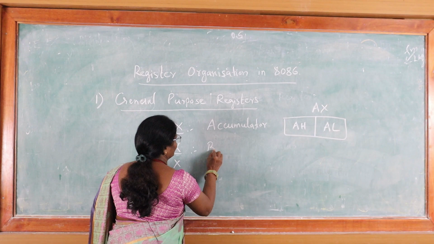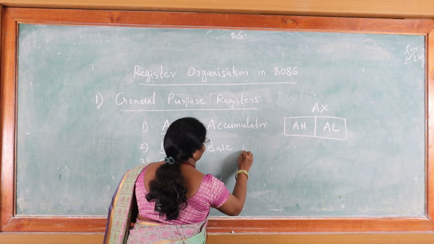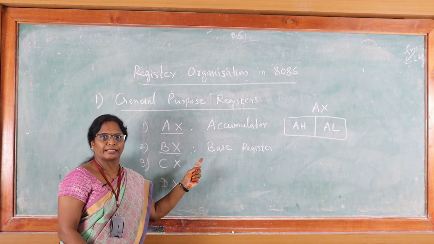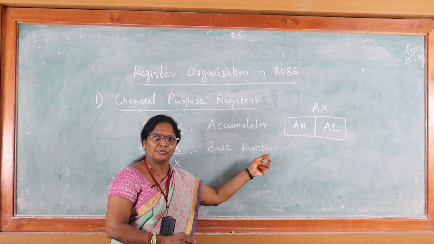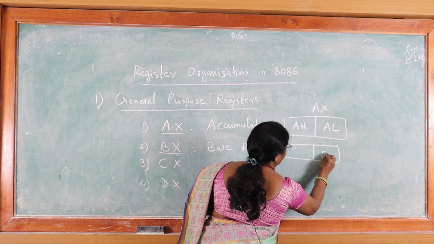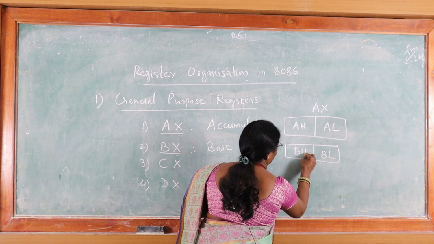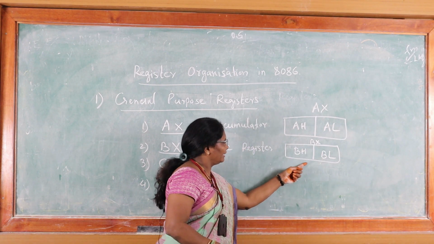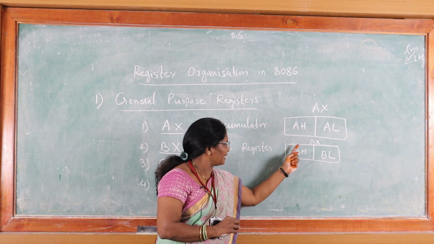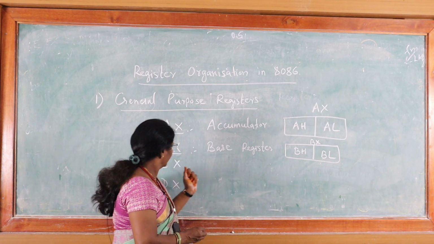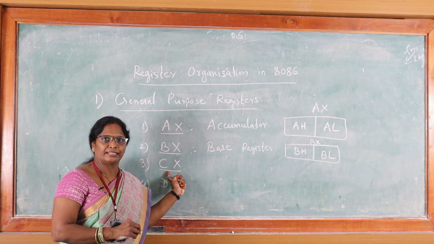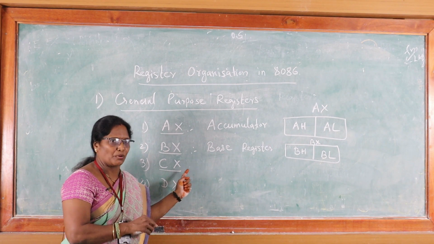This is known as base register, and it can be used as two 8-bit registers, BL and BH. Lower byte of BX is BL, higher byte is BH. Third one is CX register. This register is also a 16-bit register, and it can be used as a counter.